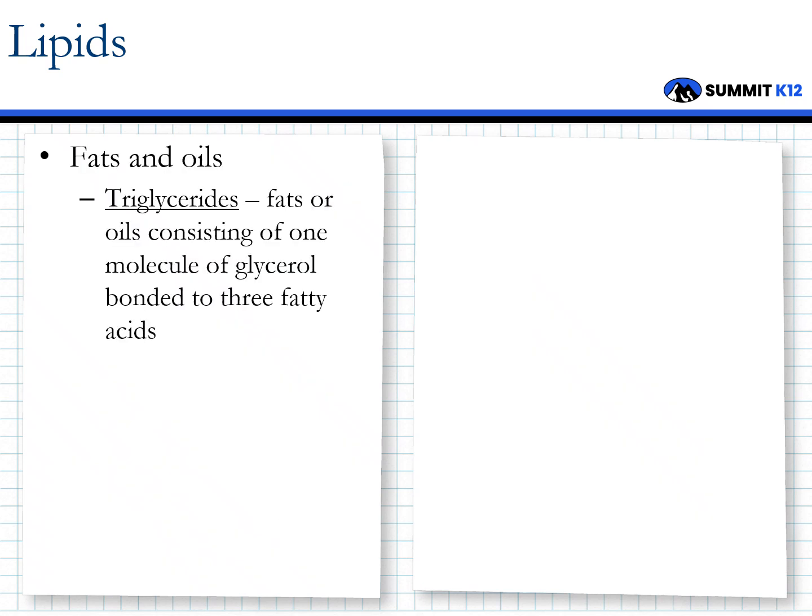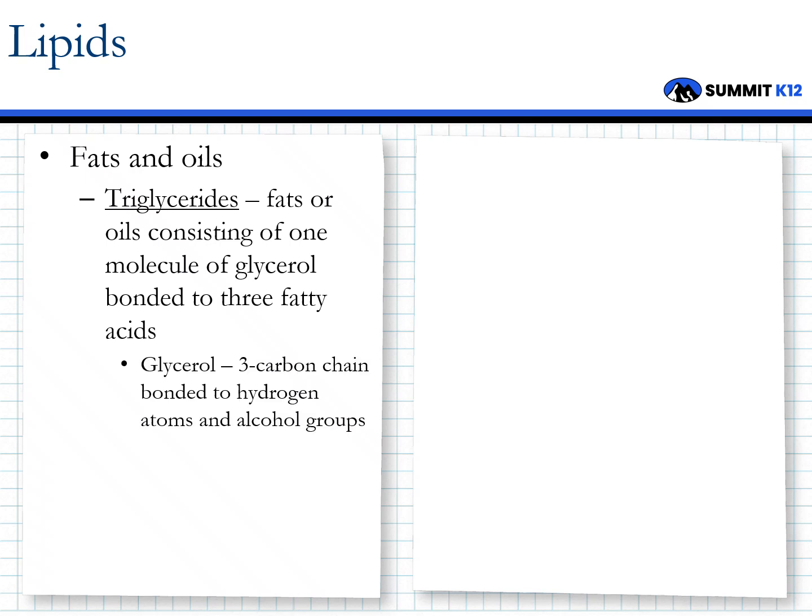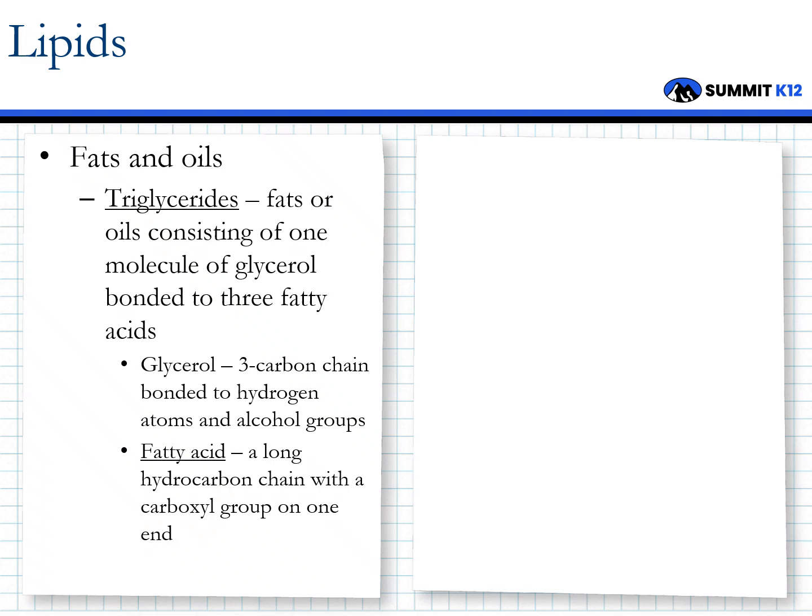So fats and oils, we have triglycerides, and these are fats and oils consisting of 1 molecule of glycerol bound to 3 fatty acids. So it's a glycerol, which is a 3-carbon chain bound to a hydrogen atom and an alcohol group, and fatty acids, which are the long hydrocarbon chain with a carboxyl group on one end.